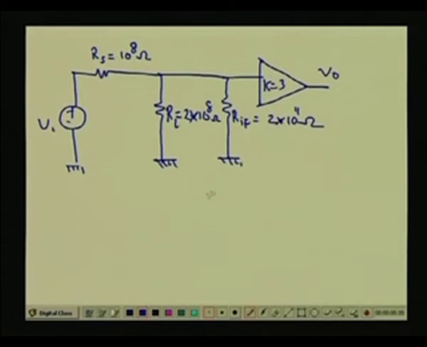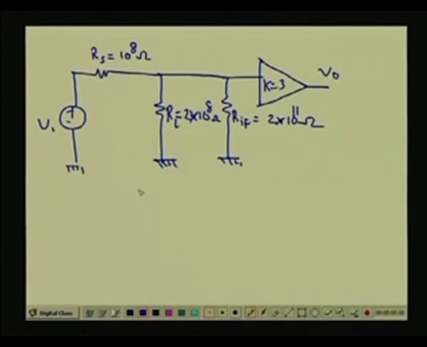Please note it is 11. Then the source impedance is 10 to the power 8 ohm and the gain of the amplifier is 3, because the closed loop gain is 3.